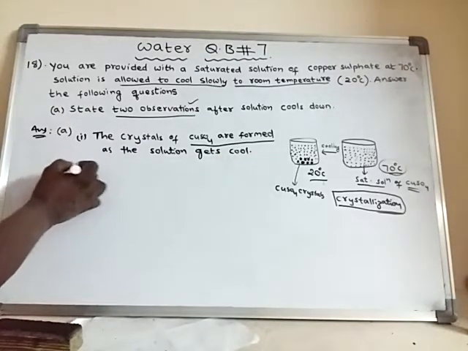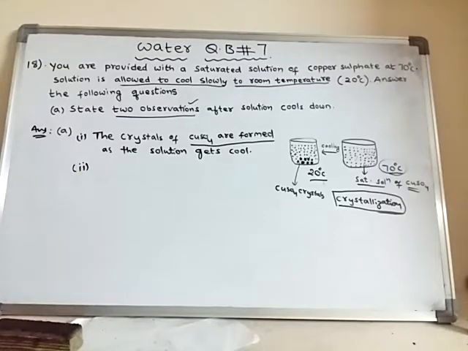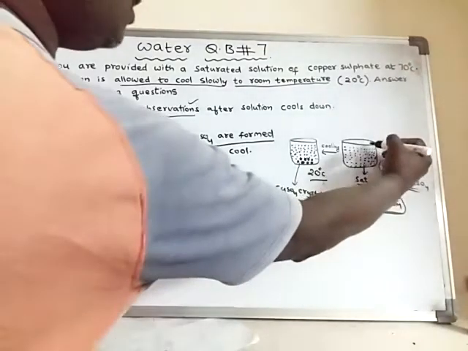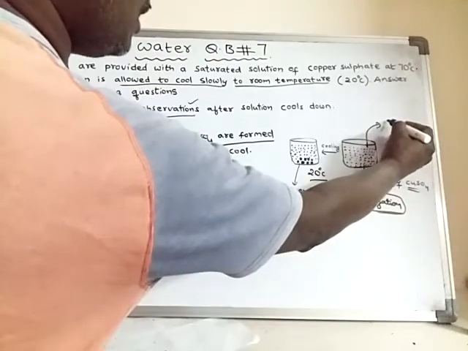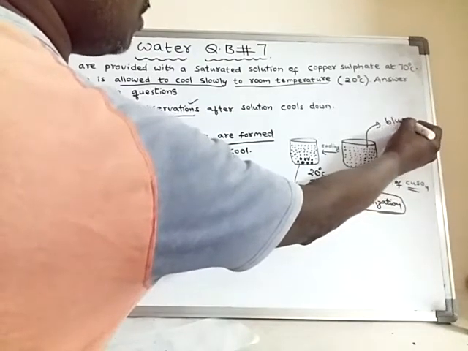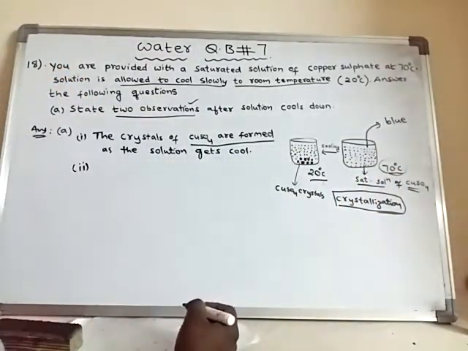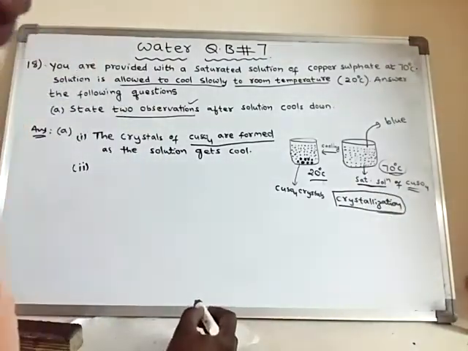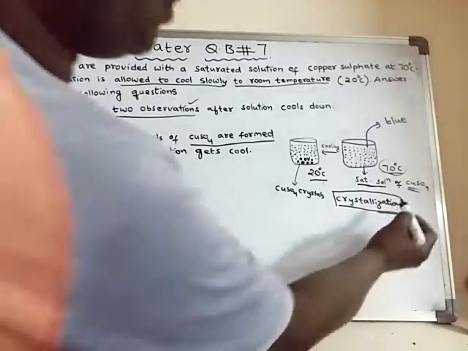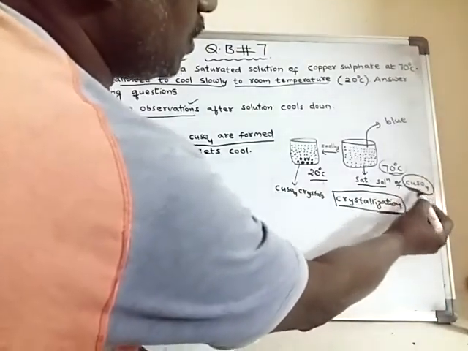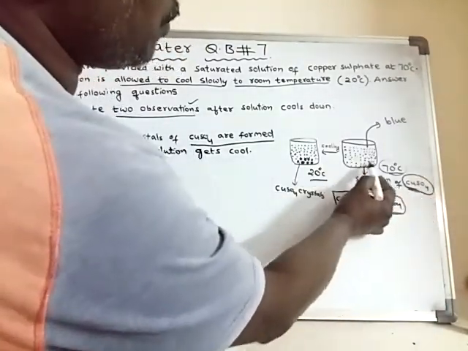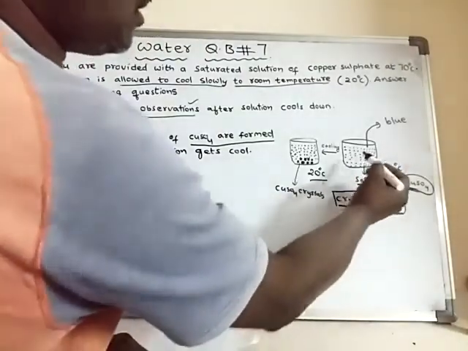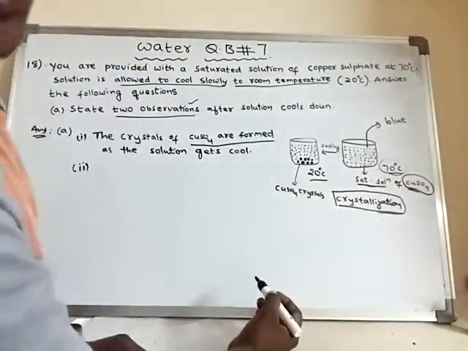What is another observation? The color of the solution. Actually, this is dark blue in color. It is a blue solution, because in a saturated solution, enough copper sulfate is dissolved in it, hence the solution appears blue.